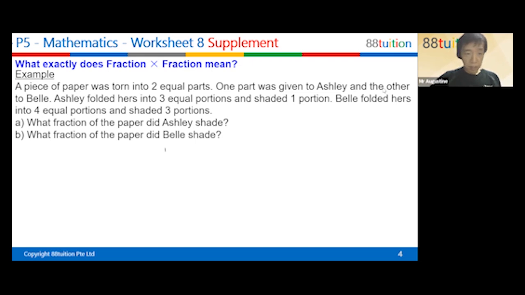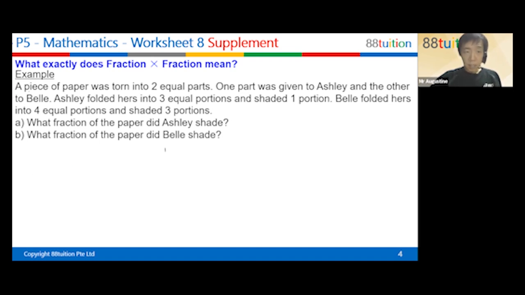Okay, I see Liana has written something about it. Thank you. To multiply a fraction by a whole number, multiply the numerator by the whole number and leave the denominator the same. Yes, that is the mechanics of how you multiply a fraction. But let's check out what it exactly means, in terms of why we do that.